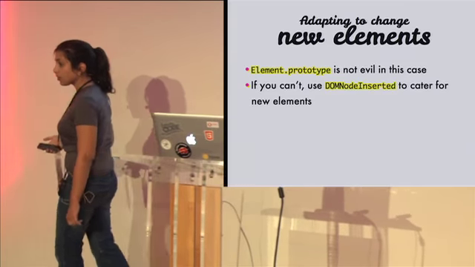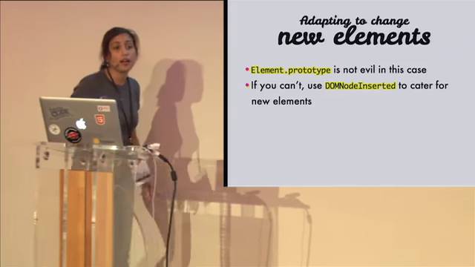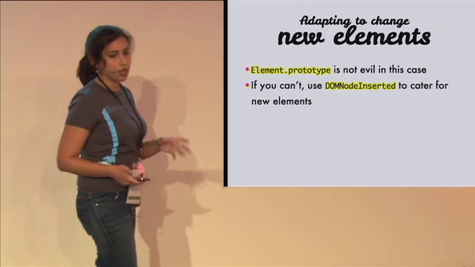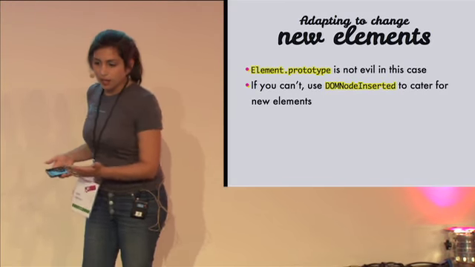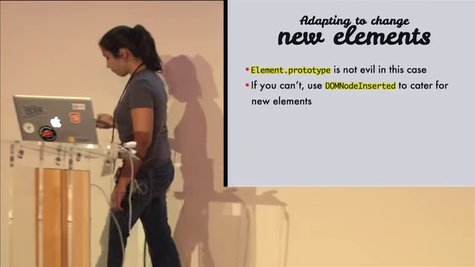Of course, that bubbles too, so we can follow the same approach as we did for DOMAttrModified. We just register a general handler and we check if we're actually interested in that particular element that was added.